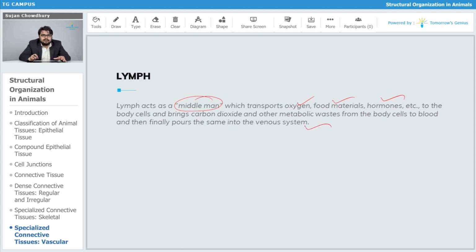So yes, the lymphatic system is very important for us. The gap between the metabolically active cells and blood is going to be joined with the help of our circulatory system, which is going to be made up of the lymph and lymph vessels.